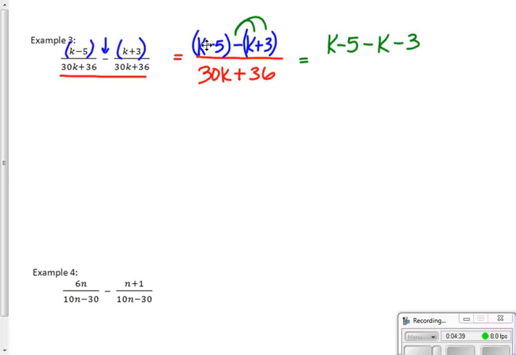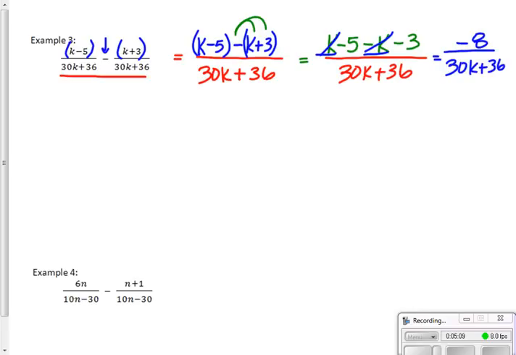So now, once we write our common denominator here, we can go ahead and combine any like terms. The like terms that we would have here would be a positive k and a negative k, so those k's would cancel out, leaving us with negative 8 on the top, and this is over 30k plus 36. Still not finished here because I can see in that binomial on the bottom, I'm able to factor. They're both even numbers, so I should be able to factor something out of that.